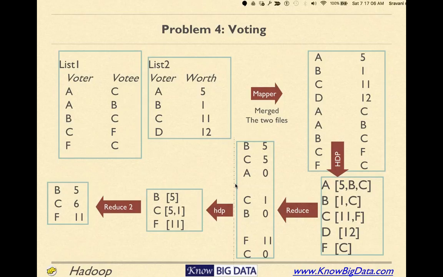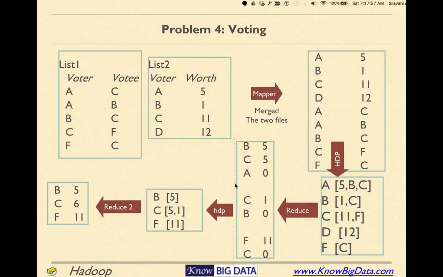So you have got list 1 and list 2. Both have a similar format. The first one contains the voter, then a tab, and then the votee. Similarly, the second one contains the voter, then a tab, and then the worth.